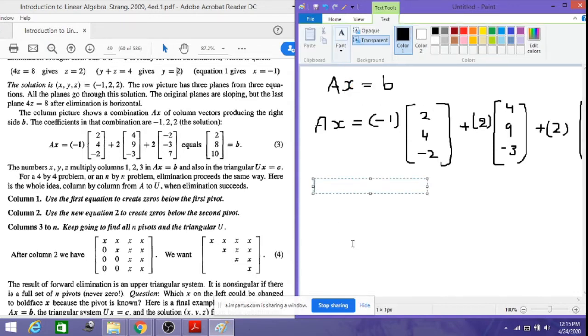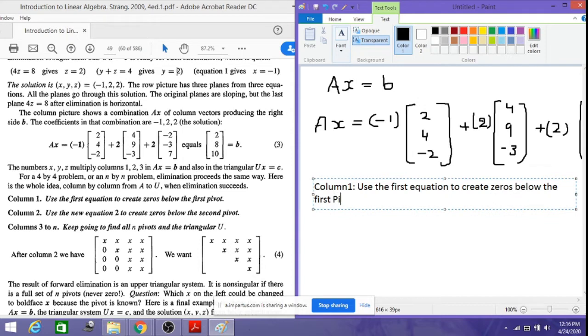The whole idea is to go column by column to bring A to U when elimination succeeds. For column 1, use the first equation to create zeros below the first pivot. So we are writing the algorithm for the previous method that we have applied.